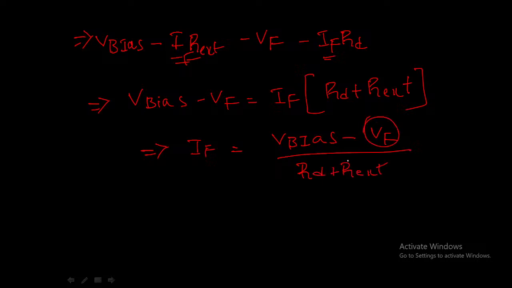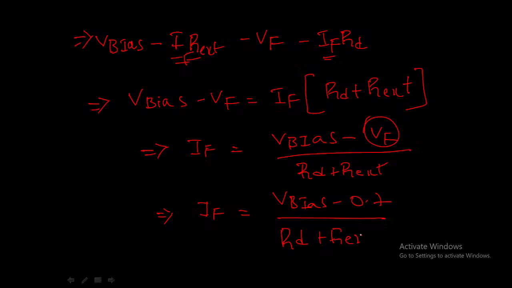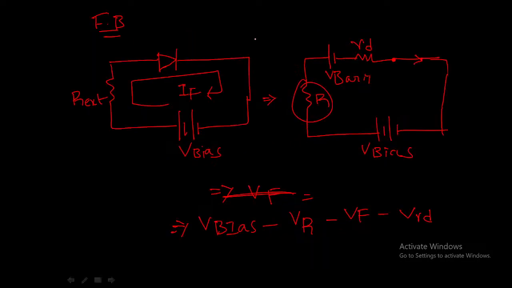Here VF is equal to 0.7 volts since it is a barrier potential. So the forward current flowing through the diode will be equal to (V bias minus 0.7) divided by (RD plus R external). Just simplifying the equations, that's it. So this is how we are going to find the current flowing through the diode in the forward bias condition of a complete diode model.